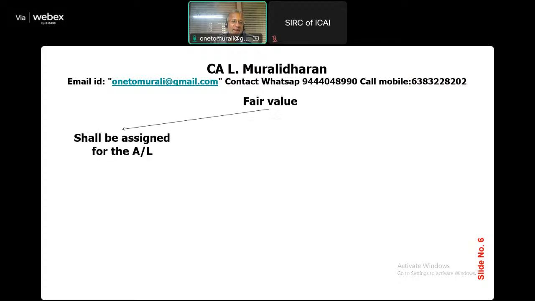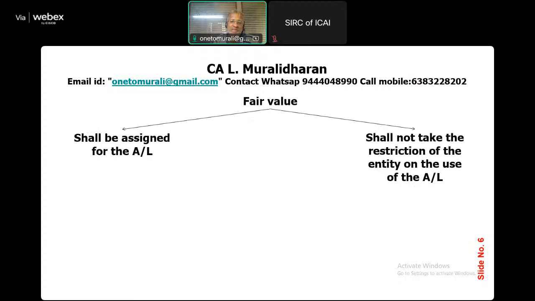Now let us take up that fair value shall be assigned for assets and liabilities, and shall not take into account the restriction of the entity on the use of an asset or liability. What do you mean by that? Always remember, many times students generally don't pay attention to this particular accounting standard. In my view, 105 and 113 are not studied properly by students.